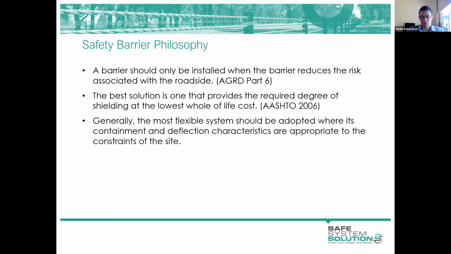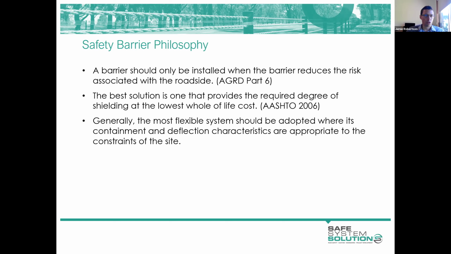Some research that's been done in Victoria has tried to quantify the whole of life cost of those two systems as part of a mass rollout program. While flexible W-beam products generally have a greater initial cost, over the whole of the life of the treatment, they have a significantly lower whole of life cost. That's primarily due to their reduced maintenance requirements.